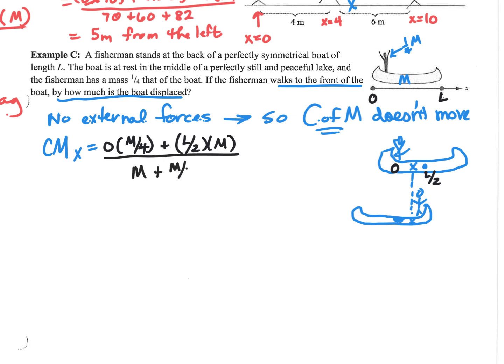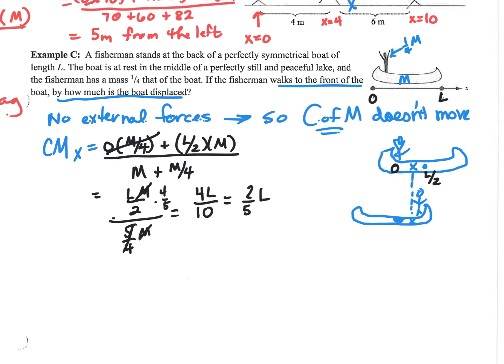So we have Lm over 2 divided by 5/4 m, so the m goes away, and we end up with 4L over 10, because this flips over and becomes 4 over 5, doesn't it? Which reduces to 2/5 L. So the center of mass is now at 2/5 L. Okay?